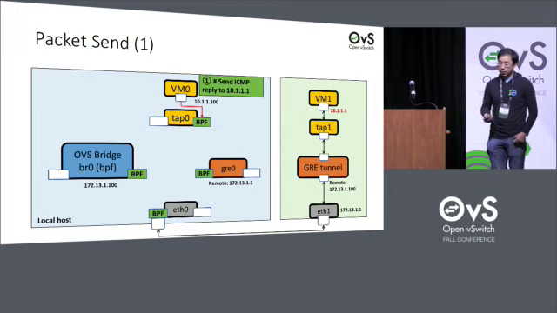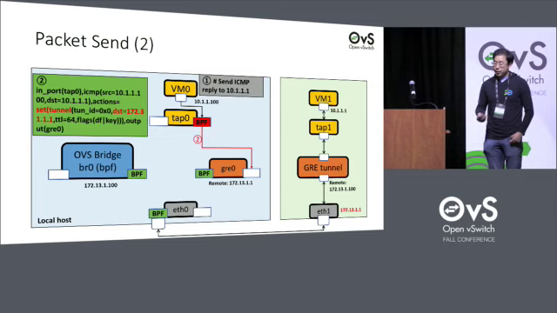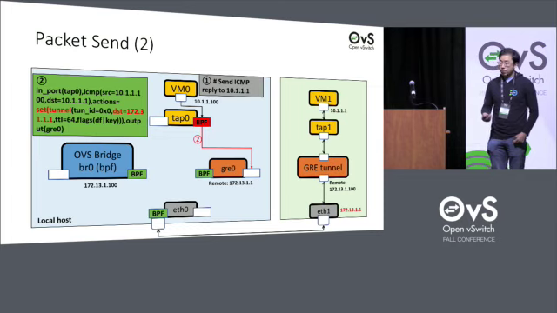Next, let's talk about how the BPF handles packet sending. Let's say VM0 wants to send an ICMP reply back to virtual machine 1, and it will send the packet out to the tap 0's egress queue.